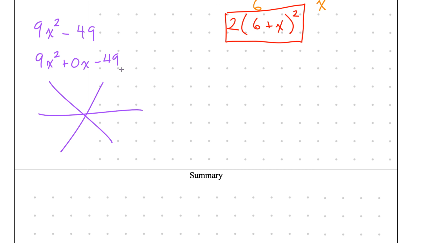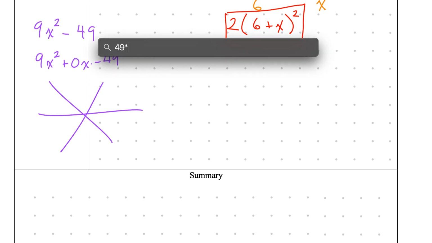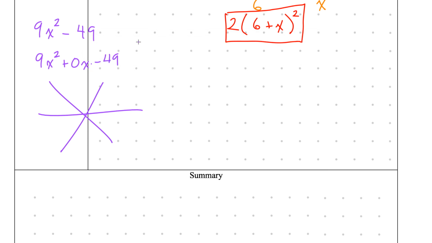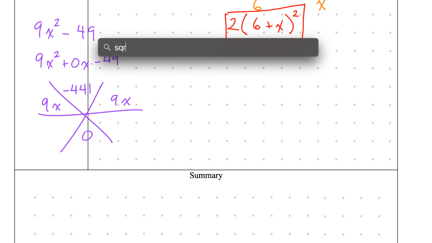I make this 49 times 9. This is why you don't want to do it. 49 times 9 is 441. So negative 441 and 0. I'll put a 9x, a 9x. What two numbers multiply to 441? It's going to be the square root of 441, whatever that is. 21.